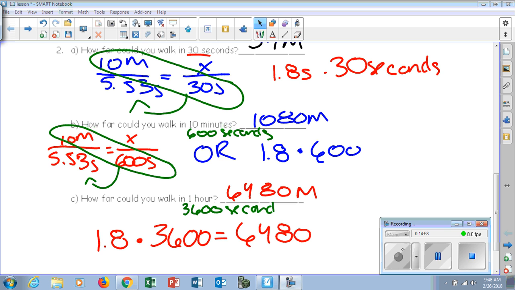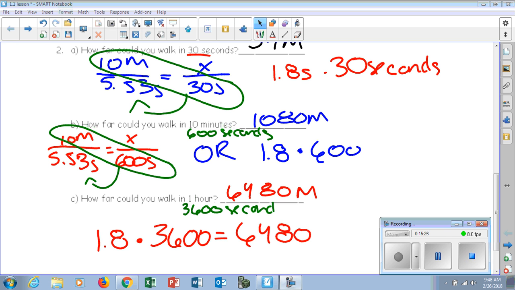Can you guys describe to me what you wrote for question 3? Someone from your table? So, depending on how many meters you want to walk, you multiply that number of meters times 1.8.